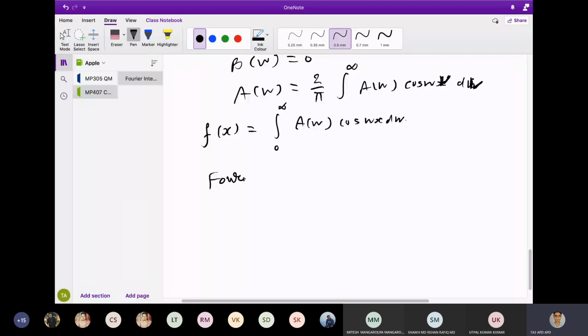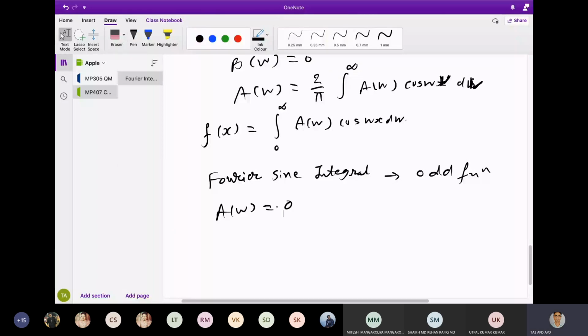Fourier sine integral is concerned with the odd functions. Over here, your coefficient a is going to be equal to 0, because there is a cos term.